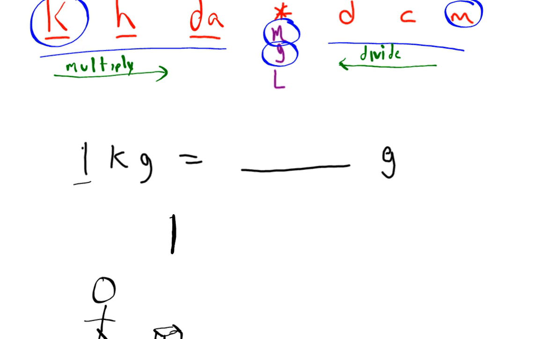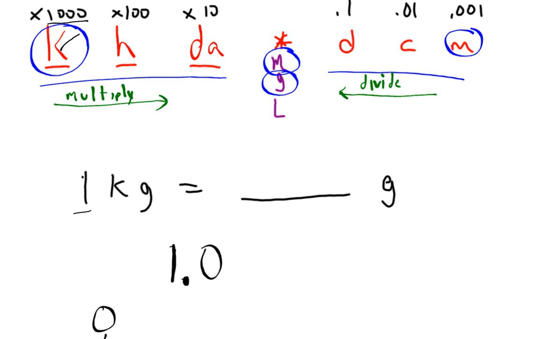So I'm going to take this 1. Where's the decimal on the number 1? It's right there. All right. If it helps, you put 1.0, that's fine. Just do that. Well, up here again, I move 1, 2, 3 spaces to get to grams, to the right. So what's my number going to do? It's going to get bigger. Watch this. 1, 2, 3 spaces.